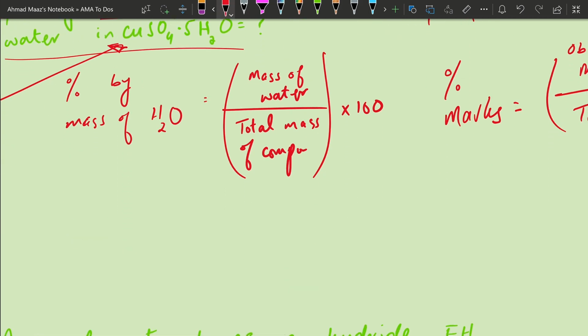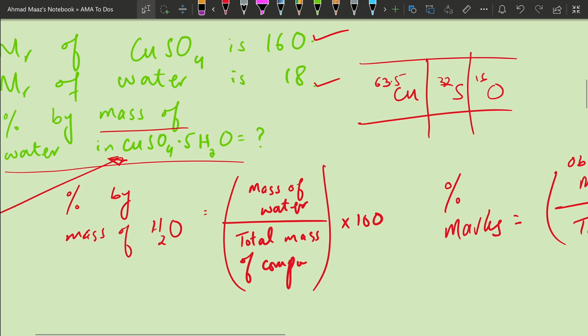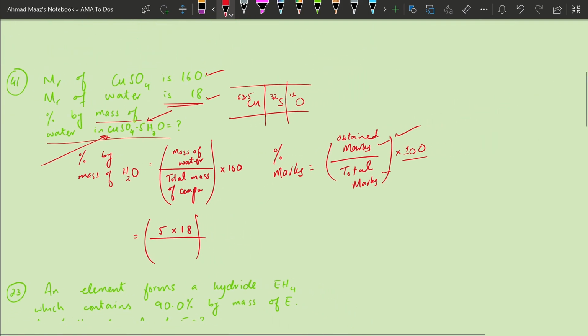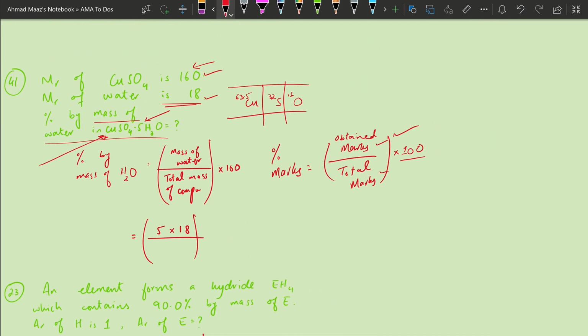Alright, the MR of water is 18, and we have 5 molecules of water. That will make 5 times 18 the mass of water, and the total mass of compound is copper sulfate, 160, plus we have 5 molecules of water. The total mass is 160 plus 5 times 18. Alright, this will be multiplied by 100, and if we do the maths, then it should give us 5 times 18 upon 160 plus 5 times 18.